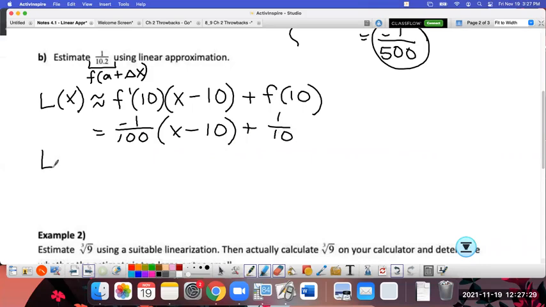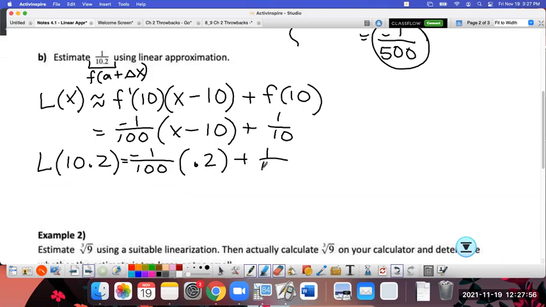All right, let's go ahead and use our linearization to estimate 1 over 10.2. 10.2 minus 10 is just the 0.2. Okay, that should be approximately equal.